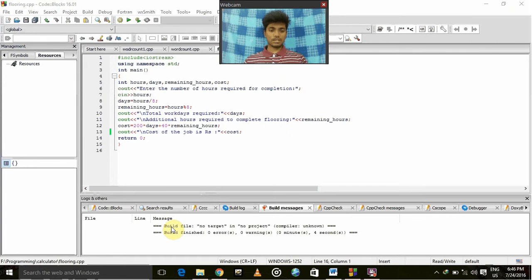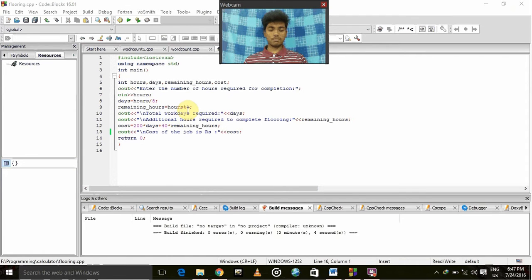Now we know that 8 hours is equal to 1 complete work day, so we would state that, and we would write days equal to hours / 8. Now for the remaining hours which is required in order to complete the work, we have given remaining hours equal to hours % 8.